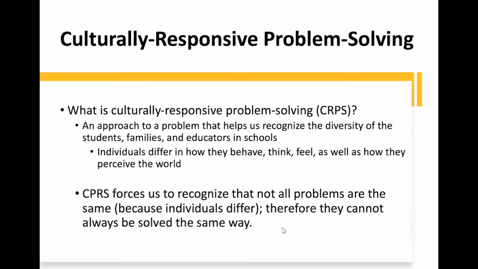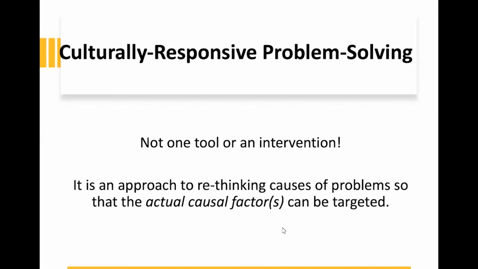So how do we start to do that? We have to recognize that this is not a tool. In working in schools in the time that I have, not that long, but in the time that I have, the first thing that people say is, okay, give me the tool, Markeda, give me the sheet, the protocol, that's like the checklist of the things, or what's the intervention, the one intervention that I need to do for all the Black students, right?